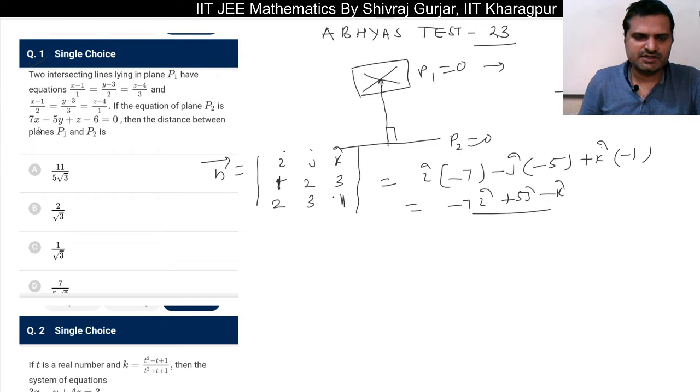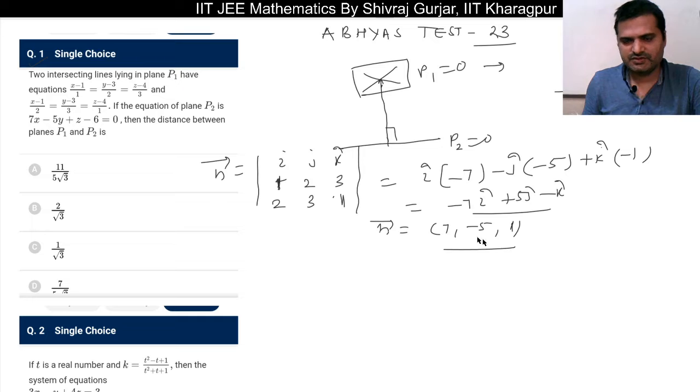Now see, the direction of the normal of plane P2 is 7, minus 5, 1. This is nothing but the same thing. So the n vector is given by 7, minus 5 and 1. We multiply by minus 1 because that doesn't affect the direction ratios. We know that if direction ratios are multiplied by a constant throughout, it won't change the direction.